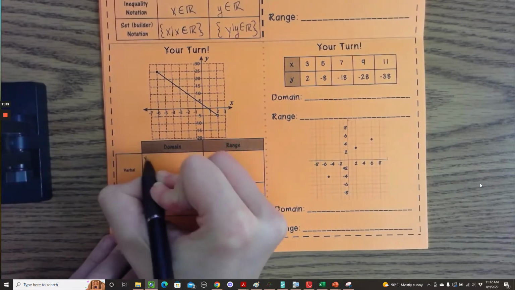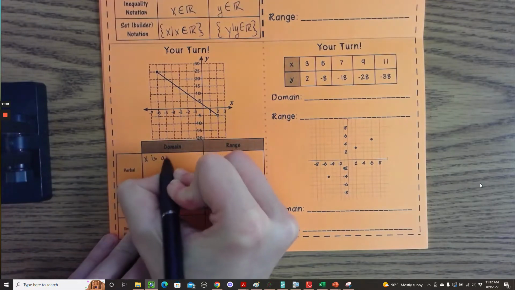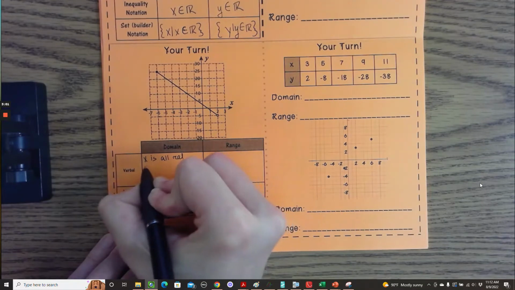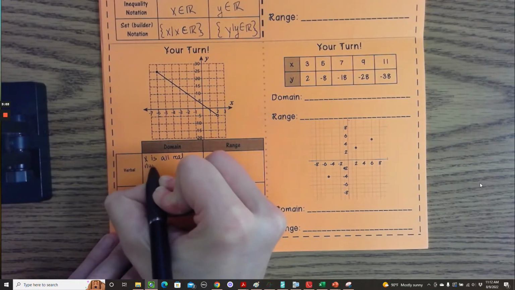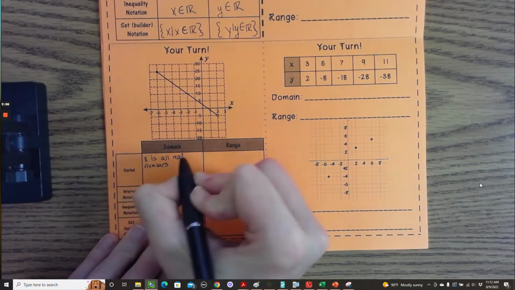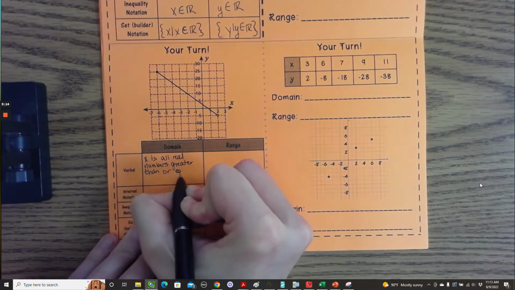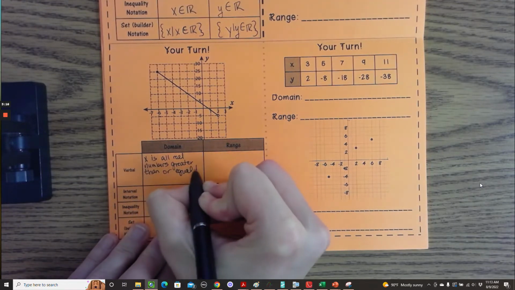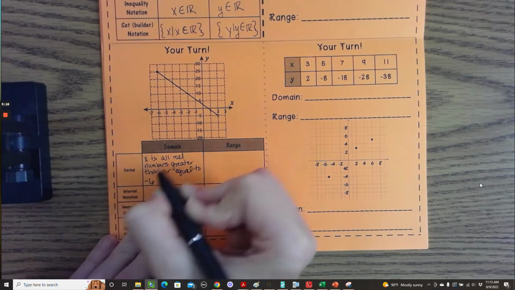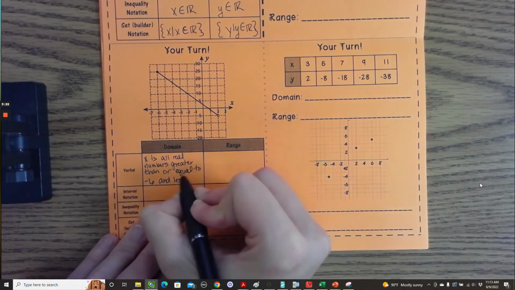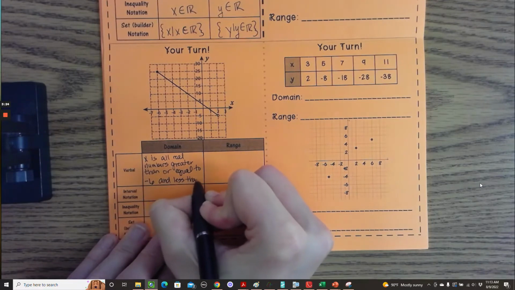So x is going to be all real numbers greater than or equal to negative 6 and less than 2.